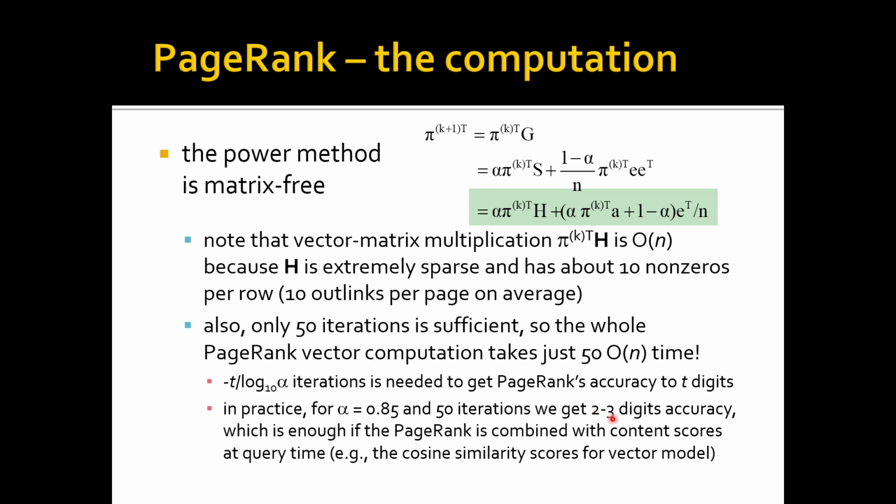But you must also take into account the other scores that come with the querying, for example, cosine similarity for the vector model, and the aggregation of page ranks and content ranks. So we get many more than just 100 or 1000 levels of resolution of the overall rank. That's why we are okay with just 2 to 3 digits, because we suppose we will combine it with other scores like cosine similarity.